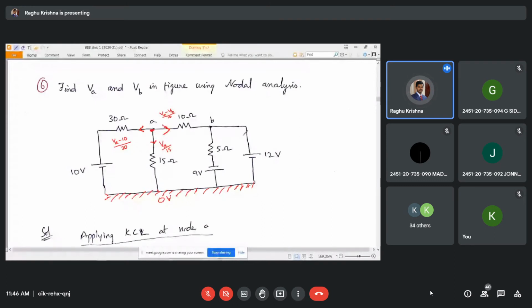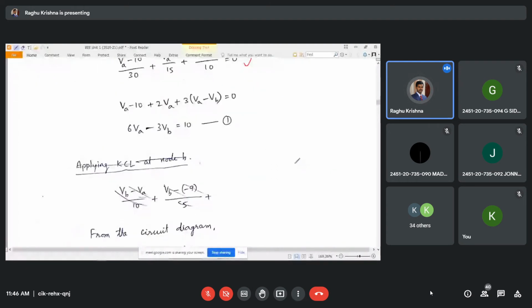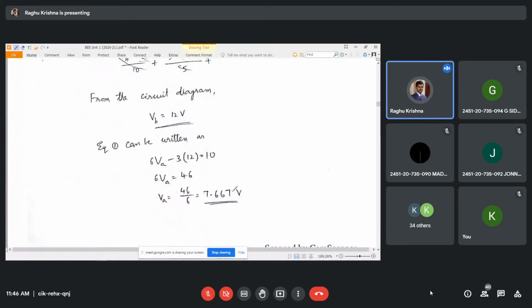VB equal to 12 volts. No need to apply KCL at node B. So from the circuit diagram, VB equal to 12 volts. If you substitute the value of VB in equation 1, you are going to get VA.